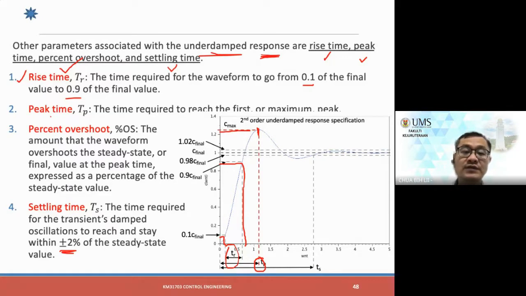So if the steady state value is 1, then plus or minus 2% is 1.02 or 0.98. As long as the oscillation, after it reaches this point, never goes out of this range anymore, we take this as our settling time.